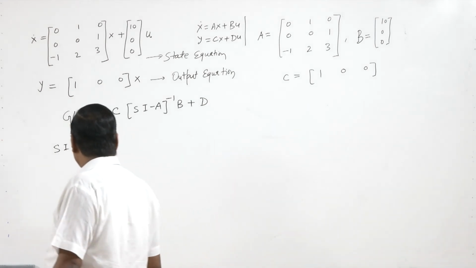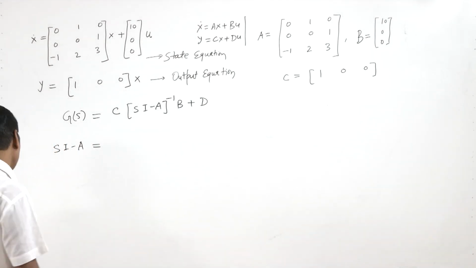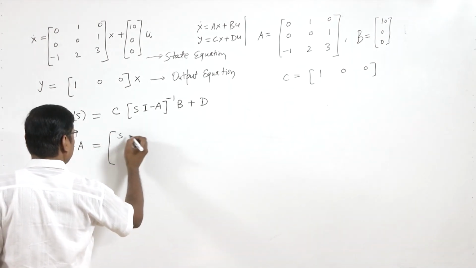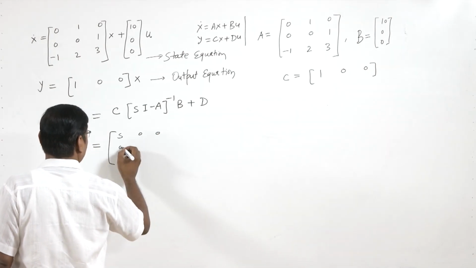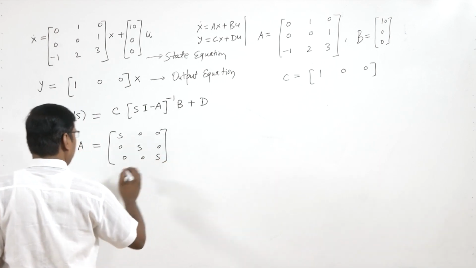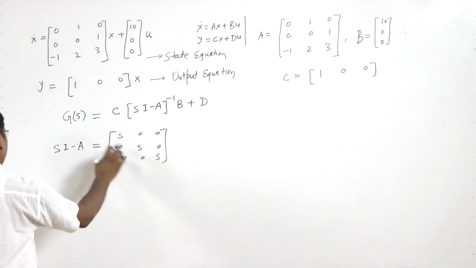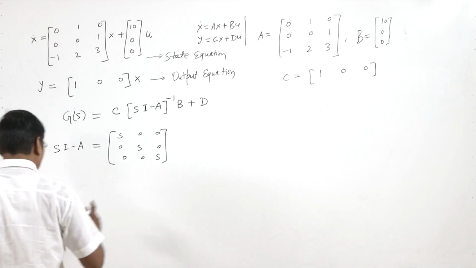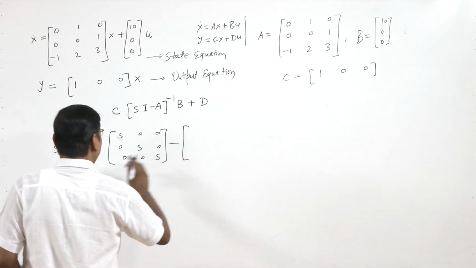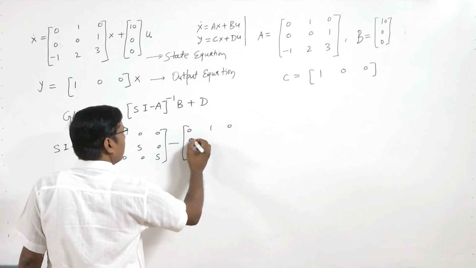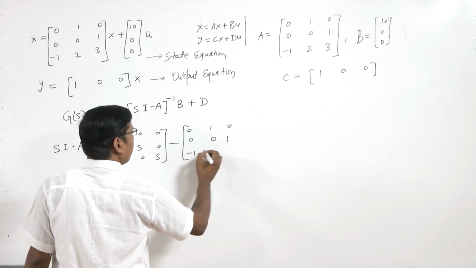So we find sI minus A. Here sI is s 0 0, 0 s 0, 0 0 s, because we multiply s with the identity matrix I. Minus A, where A is 0 1 0, 0 0 1, and minus 1 minus 2 minus 3.